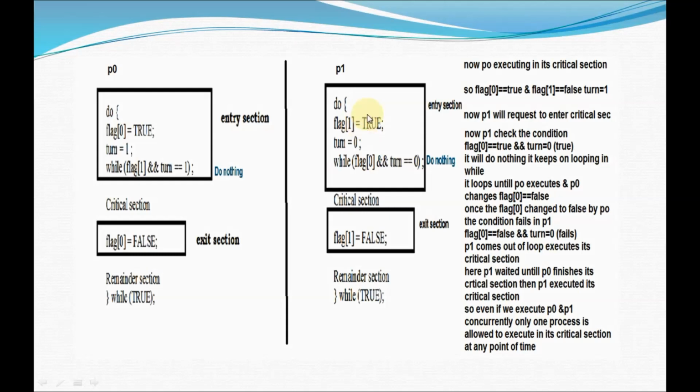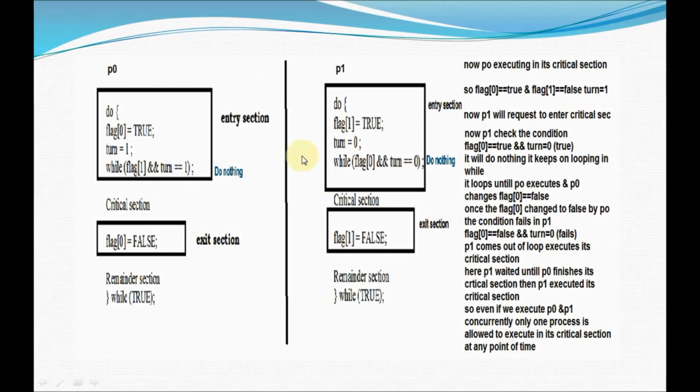We will see whether it is working like that or not. Now P0 is executing in its critical section, so flag 0 is equal to true, because P0 has already set flag 0 to true, and flag 1 is equal to false. Flag 1 is false because P1 is not executing, right?